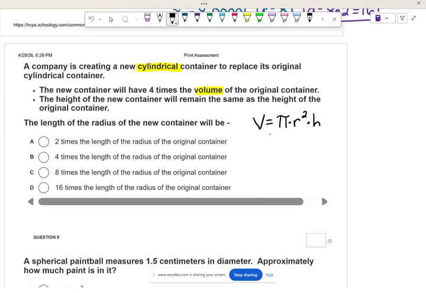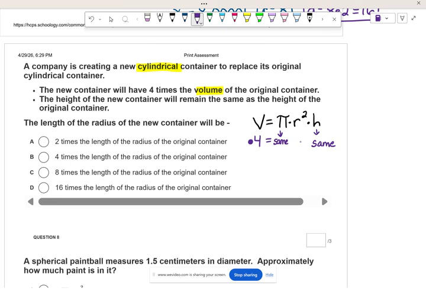All right, now this is a balanced equation. Whatever you do to one side of the equation, you've got to do the same thing to the other side to keep the balance. All right, so first thing, the volume over here is going to be multiplied by 4. The height is going to stay the same. Pi is just a number. Pi can't change. It always stays the same.